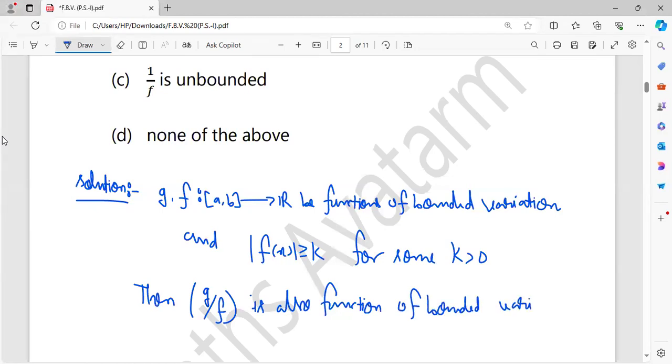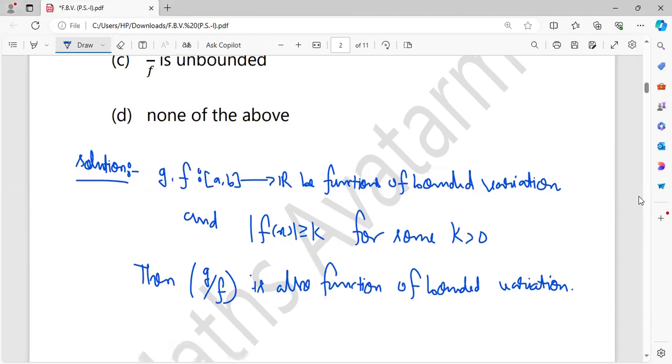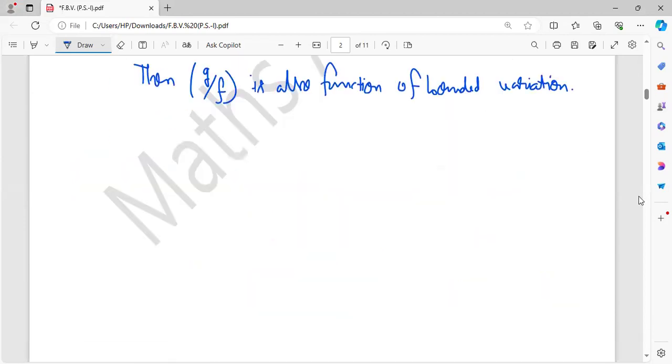Okay. So in the question it is given f is a function of bounded variation. I will select some g. Let's say g(x) is equal to 1 for all x belonging to closed interval [a, b].